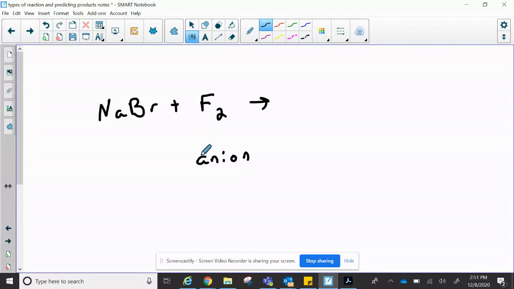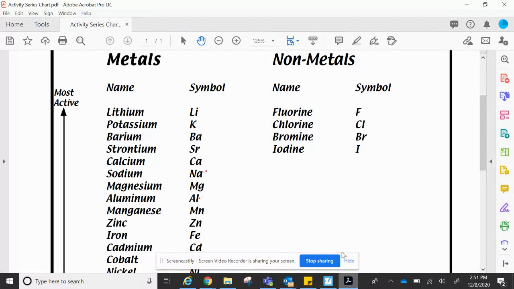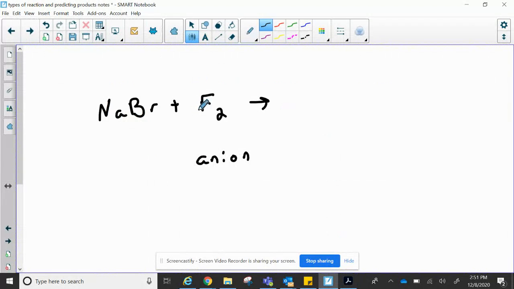An anion can only replace an anion. So look at our compound. Which one's the anion? It's bromine. So now we need to see, can fluorine replace bromine? Is fluorine above bromine on the activity series? It is above bromine on the activity series, so this will react.